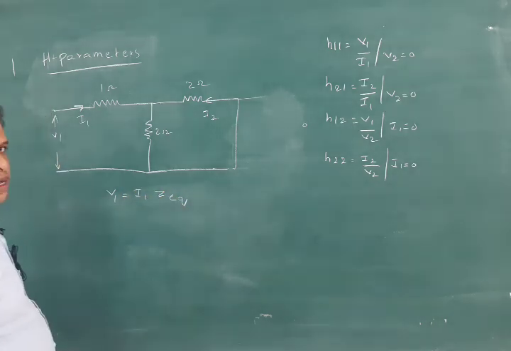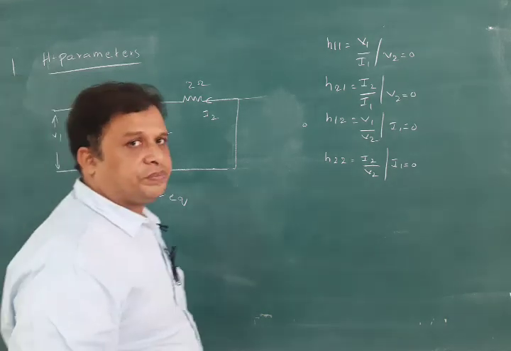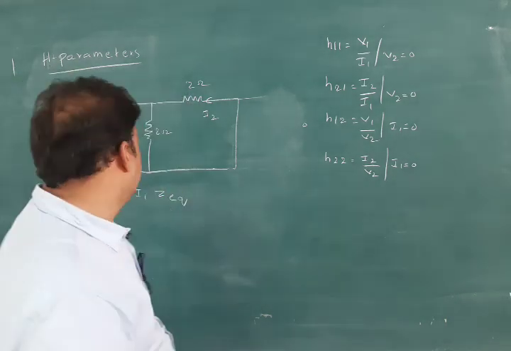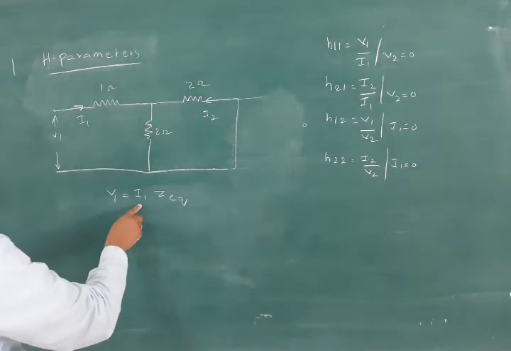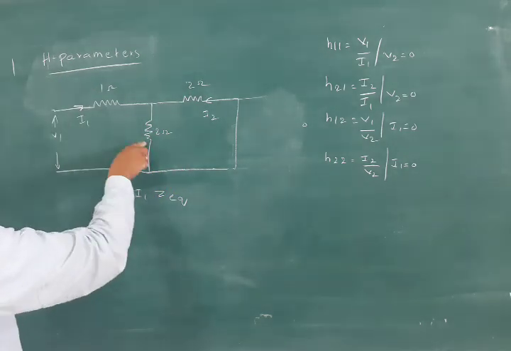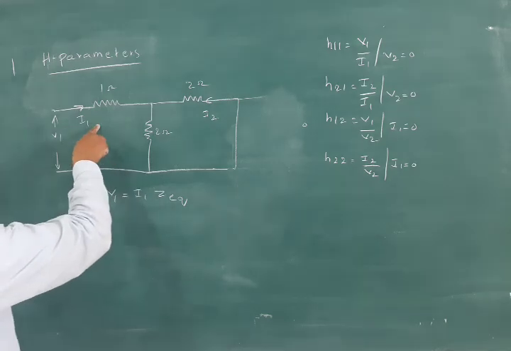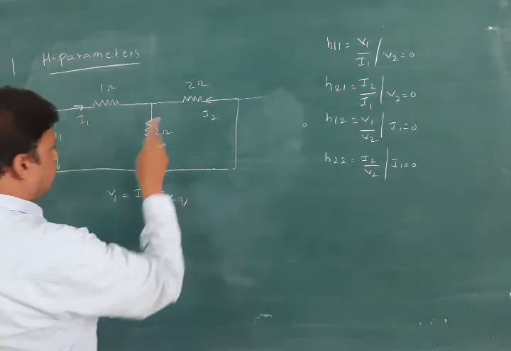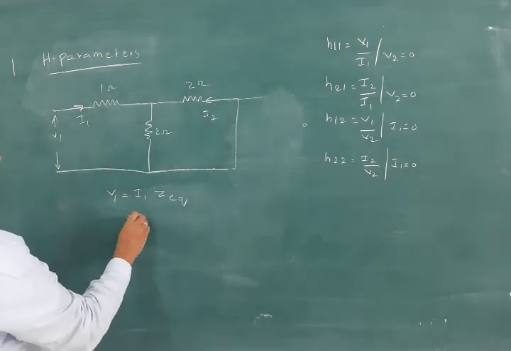What is Z equivalent here? How to find the Z equivalent, as I told you in the previous classes. So here Z equivalent, I1 is flowing from here, 2 into 2 by 2 plus 2 is equal to 1. So 1 plus 1 is equal to 2 again. So V1 is I1 into 2.